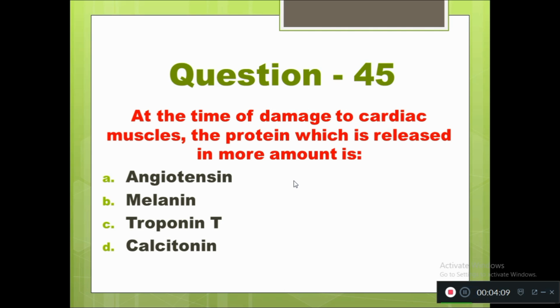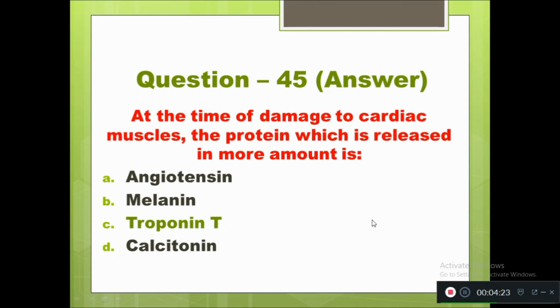The protein known as troponin T is released when there is damage to the heart muscles, which occurs due to a heart attack. The more the damage, the more troponin T will be released. So this is the cardiac marker in the diagnosis of damage to heart muscles.